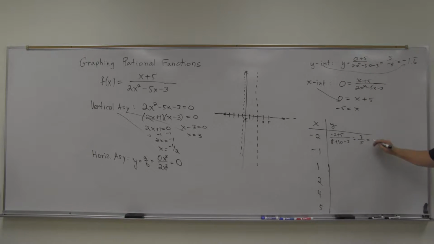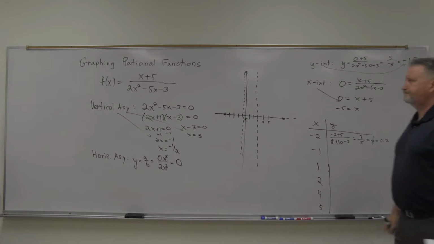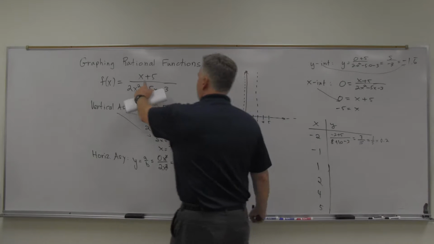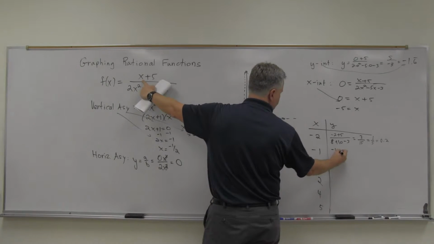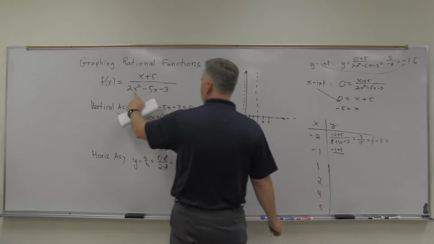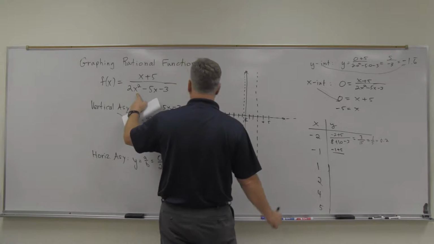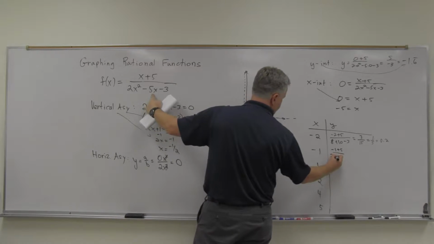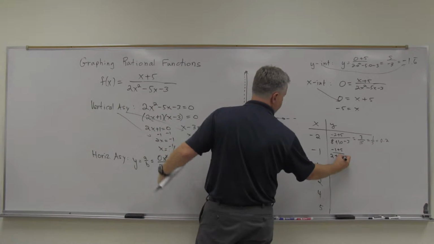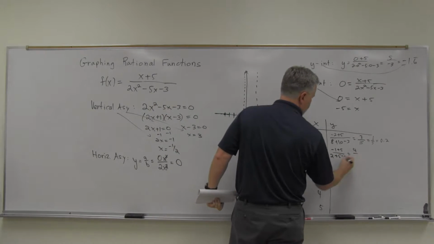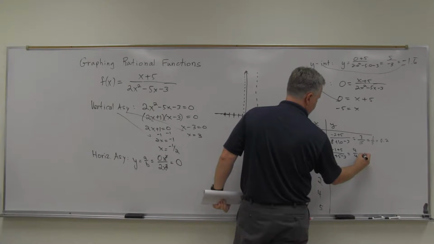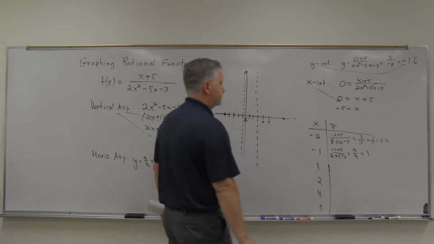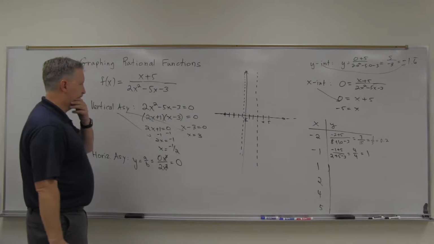Is that right? 3/15, 1/5, 0.2. X is negative 1, so it'll be negative 1 plus 5, over negative 1 squared is positive 1, so it'll be 2. Negative 1 times negative 5 is positive 5, and then minus 3, so that's 4 over 4. That's 1. So negative 1, we got positive 1.